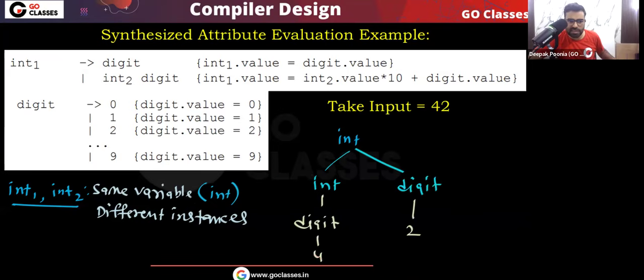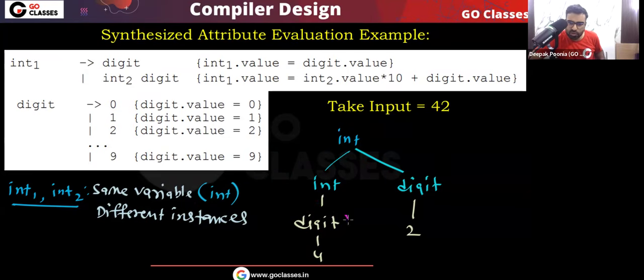Now once the parse tree is done, you can easily see that all these attributes are basically synthesized attributes, and using synthesized attributes, the information will flow bottom up. So look at this production, digit going to 4. Then tell me, what will be digit value? That will be 4. Yes or no? So you can very easily compute the attribute value for this node in this parse tree.